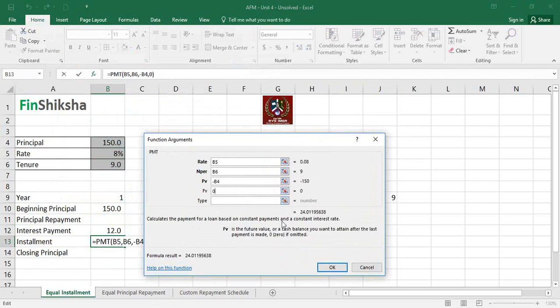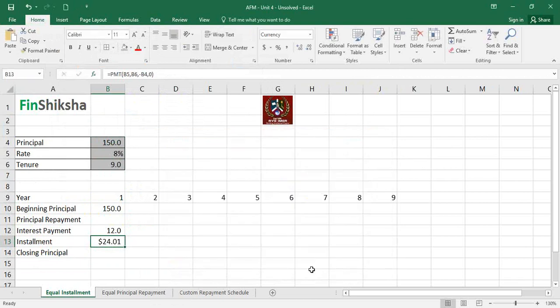FV is 0, and we can put this. So the number we get is 24.0, which basically means the installment being paid is 24 crore, interest is 12 crore, so principal should be installment minus interest, right? That should be the principal repayment that we get in this particular case.